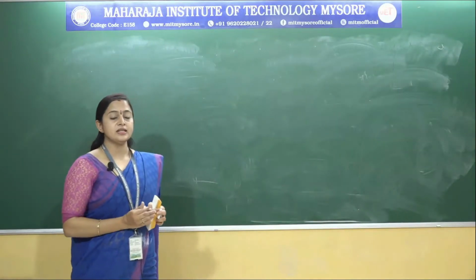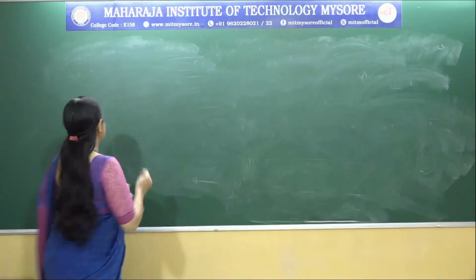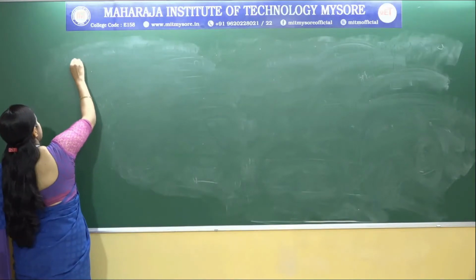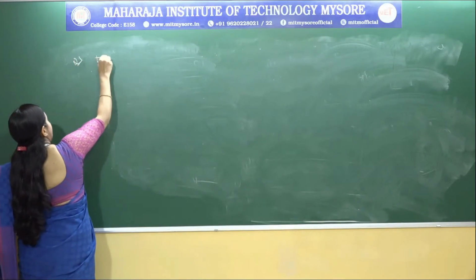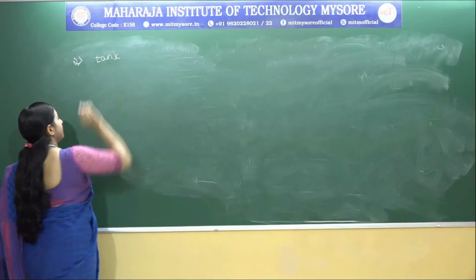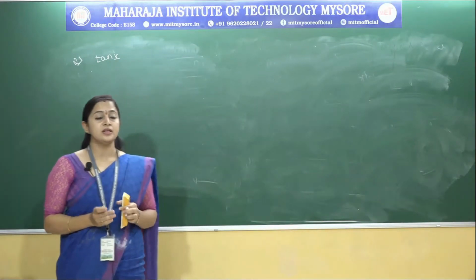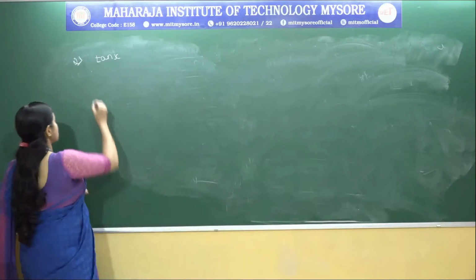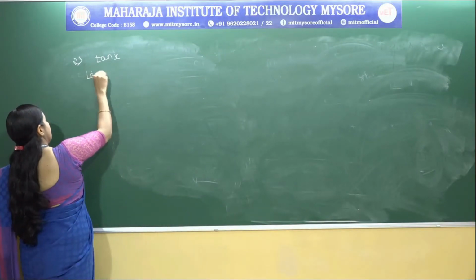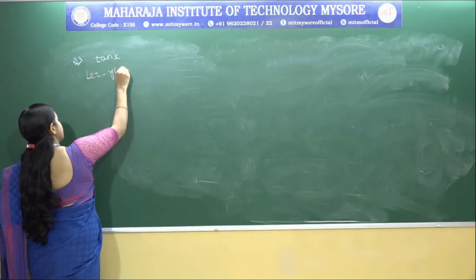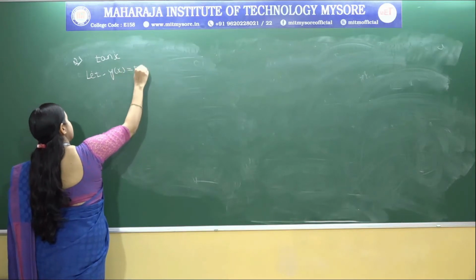The next series is the tan x series. The second one: how to expand tan x using the Maclaurin series. First you take this function, let y of x equals tan x.